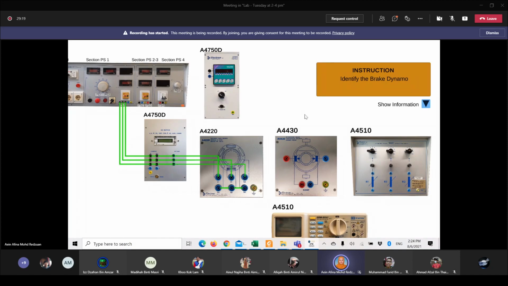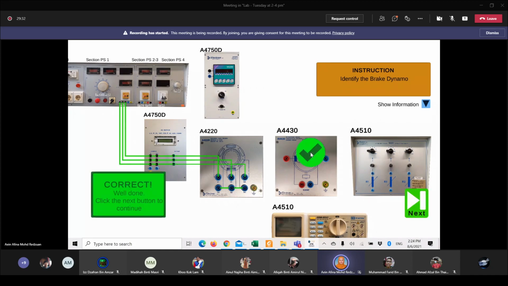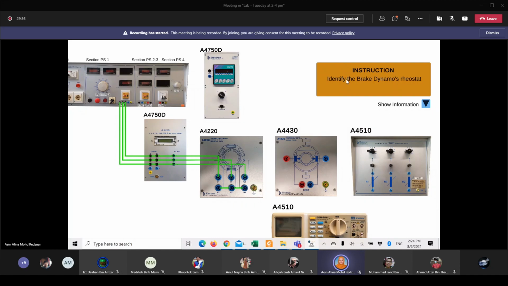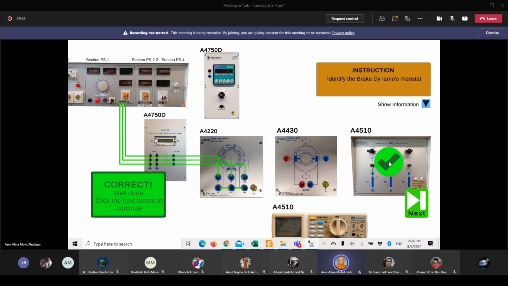The lab manual says to connect the brake dynamo to the squirrel cage motor. So this is the brake dynamo. Identify the brake dynamo rheostat. This is the rheostat that I told you about previously. This is where we vary the load.